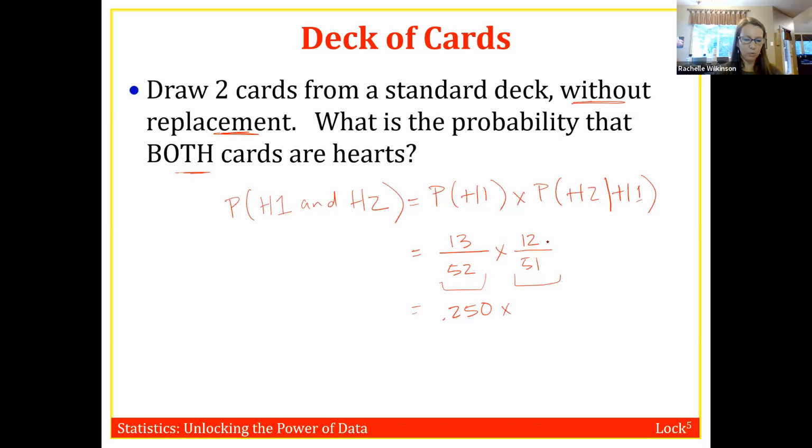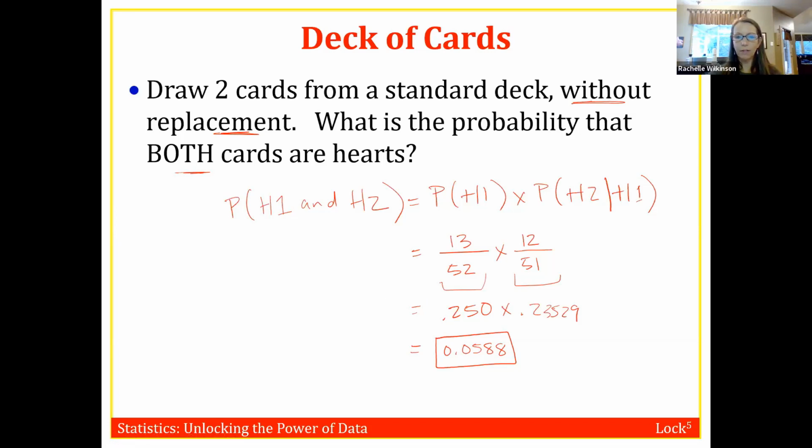And then if I take 12 divided by 51, then I get 0.23529. And if I multiply those together, then I get 0.0588.